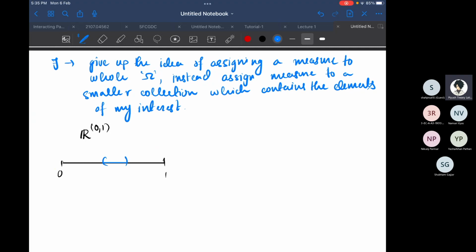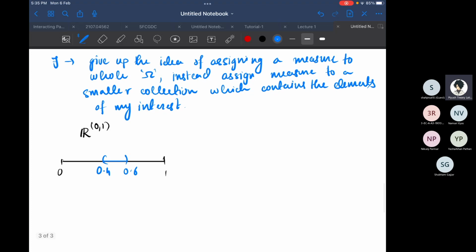So for example, suppose someone is asking me: this is 0.4, and this is 0.6. What is the probability that you break a stick in this range between 0.4 and 0.6?